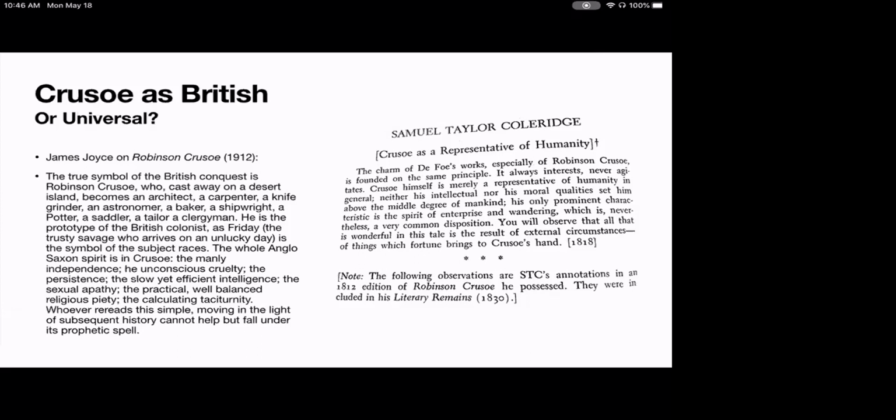The manly independence, the unconscious cruelty, the persistence, the slow yet efficient intelligence, the sexual apathy. Note that Crusoe has no sexual desire for years upon years by himself. The practical, well-balanced religious piety, the calculating taciturnity. Whoever rereads this simple, moving tale in the light of subsequent history cannot help but fall under its prophetic spell.